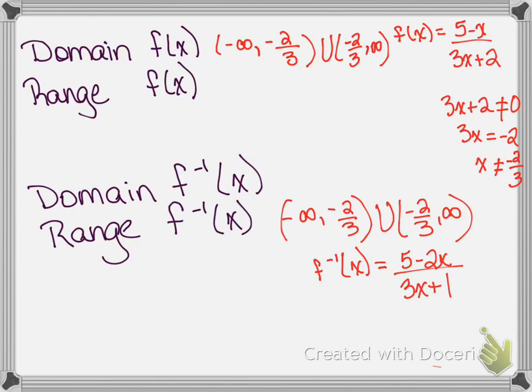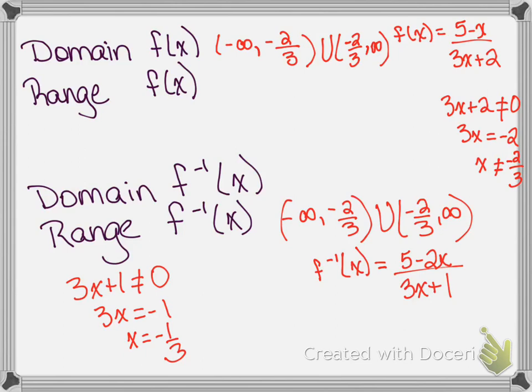I'm going to find the domain of my inverse function. I put 3x plus 1 cannot equal 0. So I have 3x equals negative 1, and then x equals negative 1 over 3.